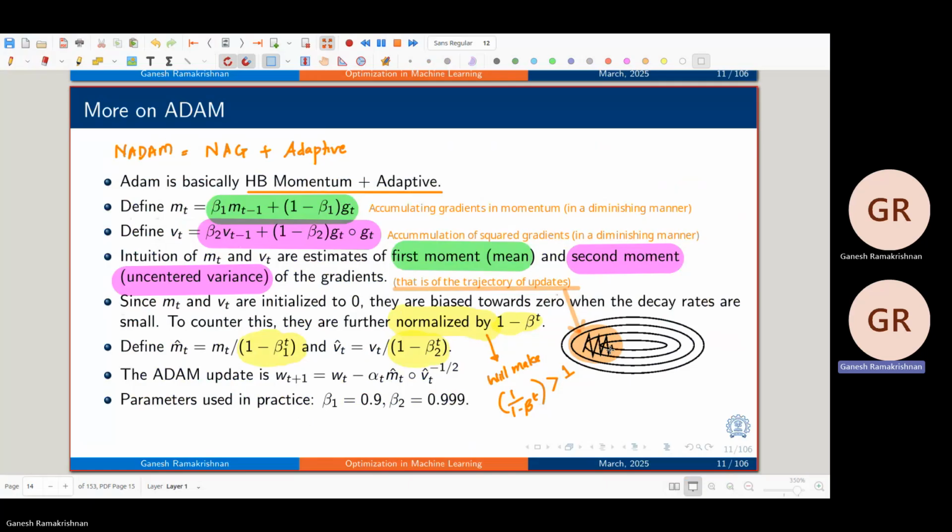Because already there's a moving average with damping effect over the accumulated velocity, right? Accumulated gradients. Overall mean should not die out. Exactly. You want the history to go down, but the current mean should not die out.